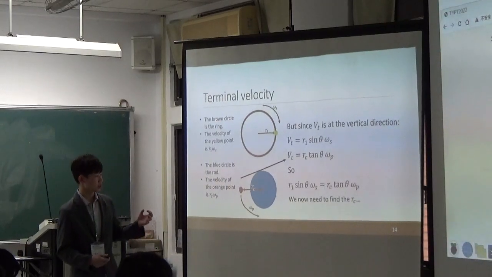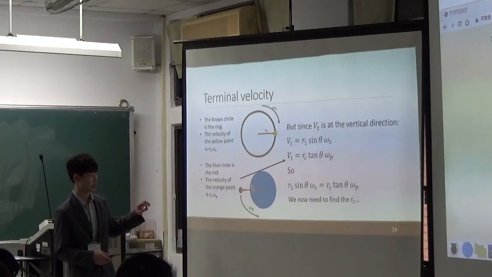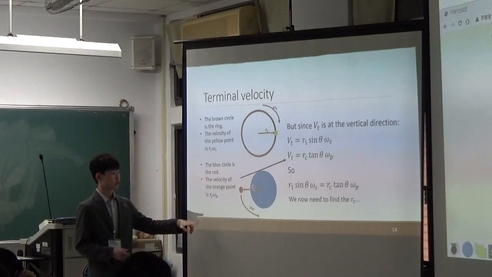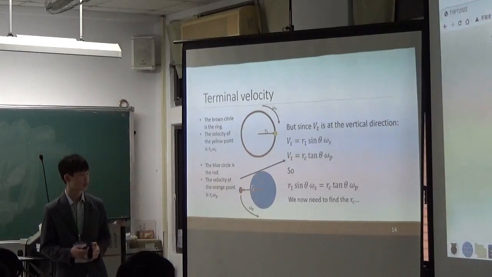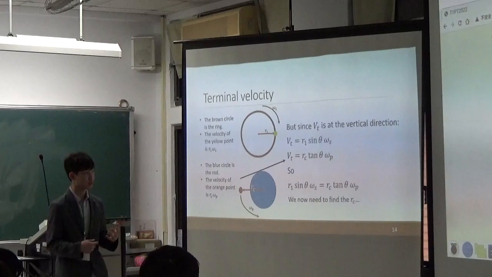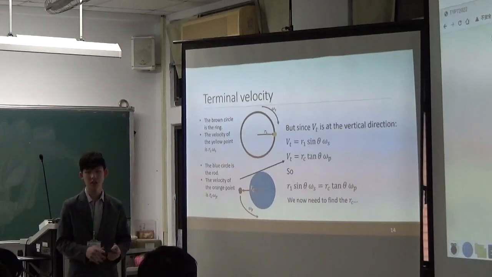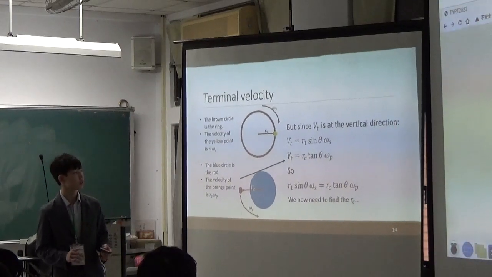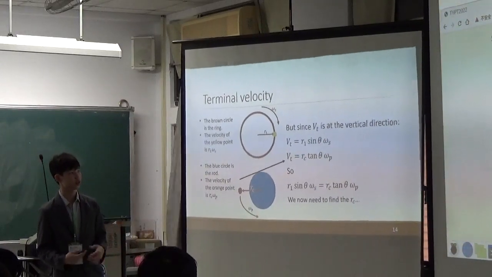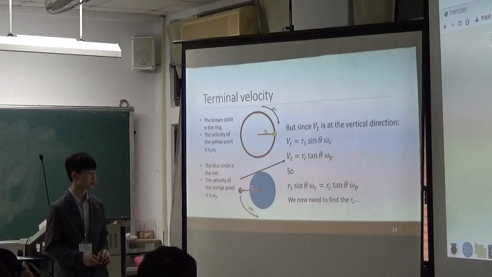Omega p is the angular velocity of precession. So the velocity of the center of mass of the ring equals RC omega p. But because terminal velocity is along the vertical axis, we have to multiply by sine theta and tangent theta to change its direction to vertical.